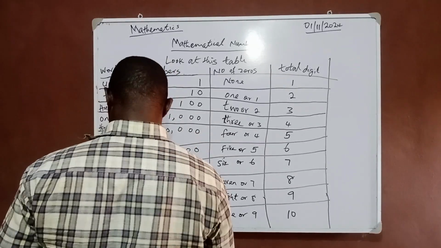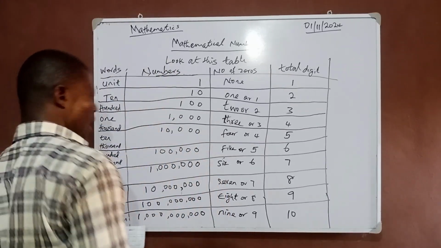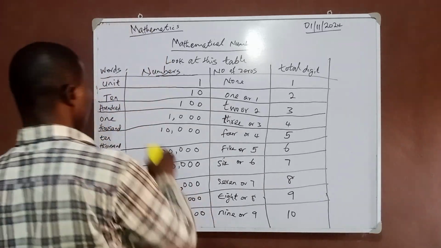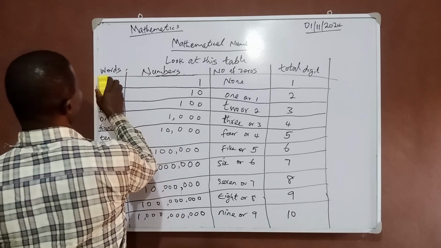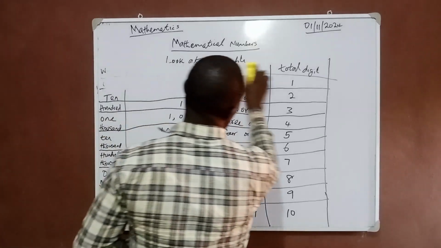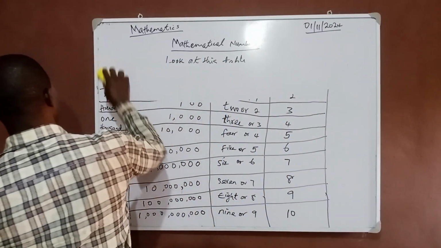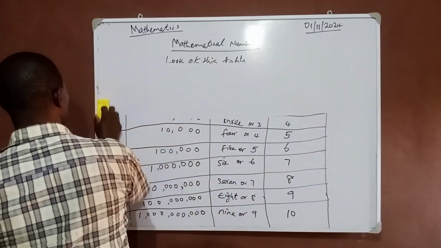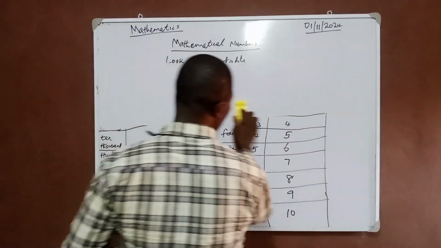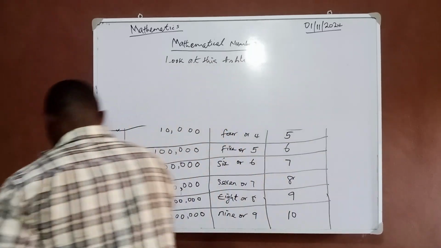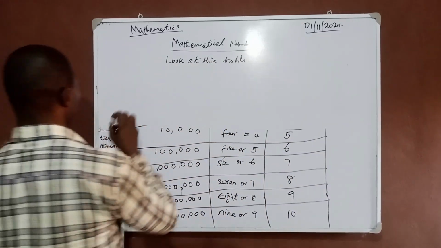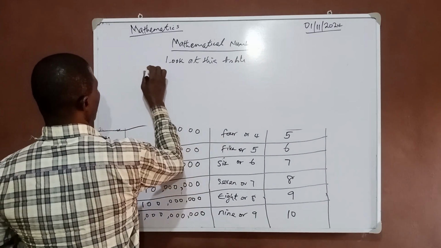So if you understand this table very well, let me ask this question now. Permit me to clean up so that I can ask a question to see how much you understand what you have been taught. If you really understand this topic, now see this question. Exemplary question.